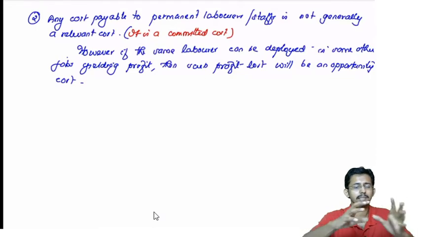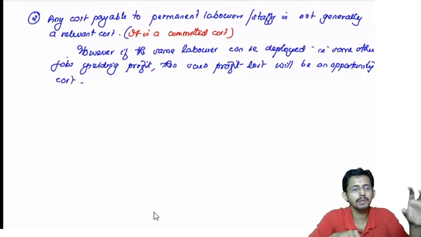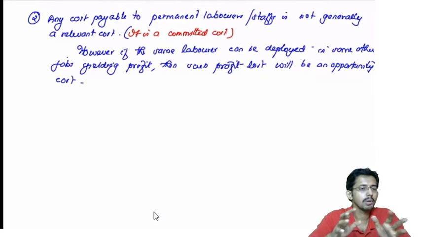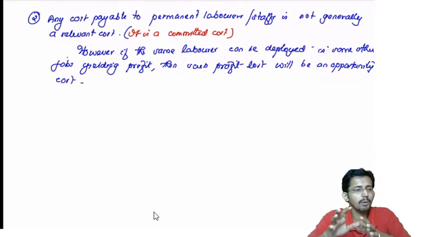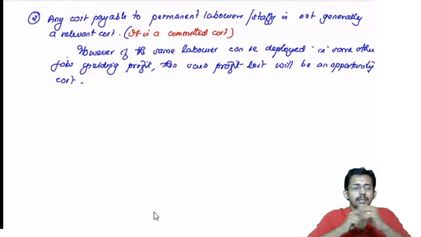Okay, I will give you an example of a CA office. Okay, you are computing the relevant cost of doing a particular audit. Okay, now to execute that audit, you require the services of a chartered accountant, who is your employee. That chartered accountant is a permanent staff.